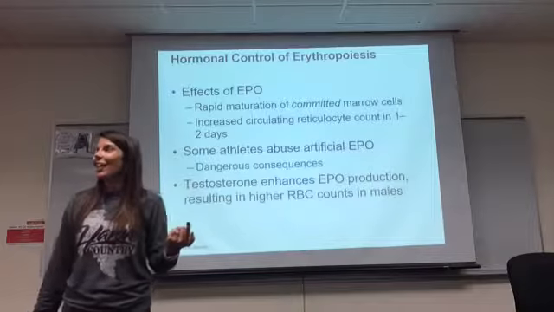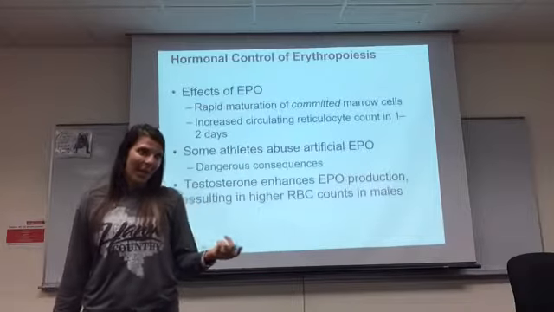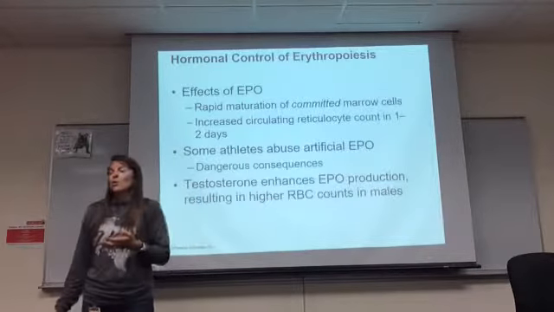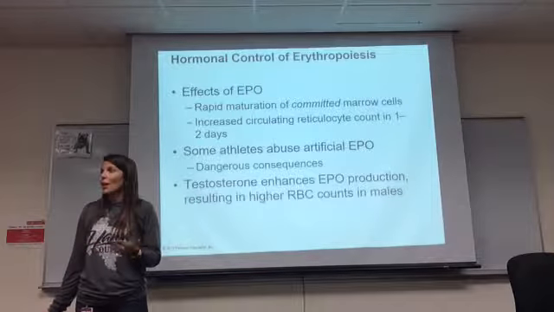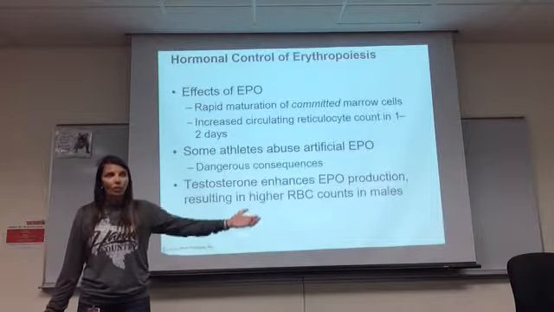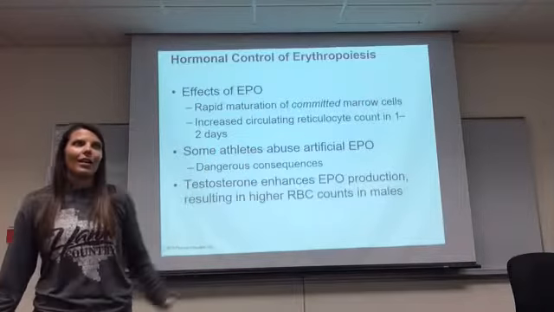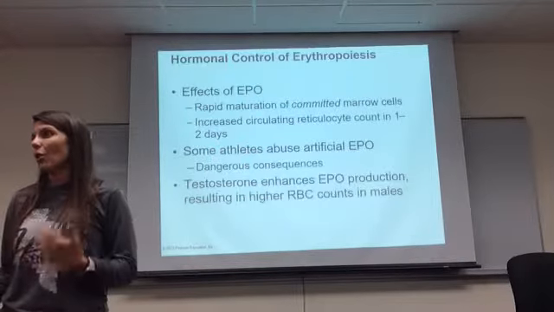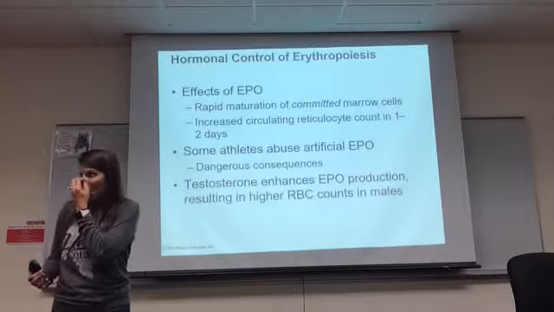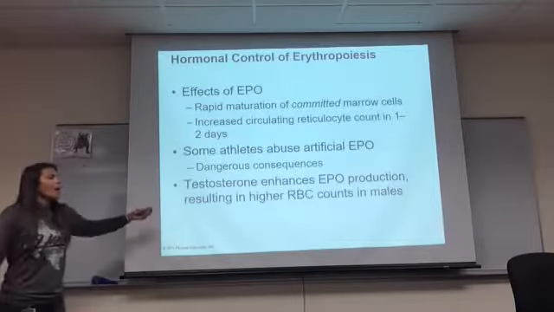So we see a lot of endurance athletes doing that. They'll inject themselves with artificial EPO, and it'll allow them to run further, longer, or bike further. It's endurance activities where oxygen levels need to be higher. Okay, so we see that.